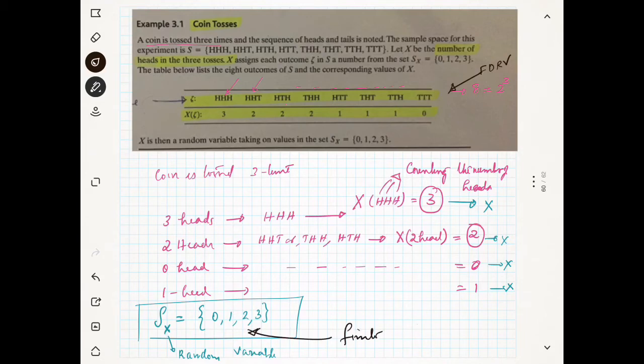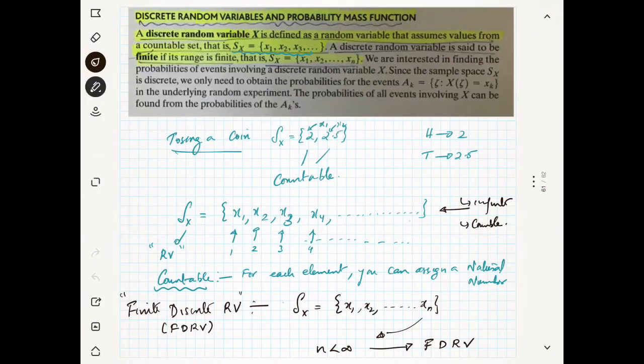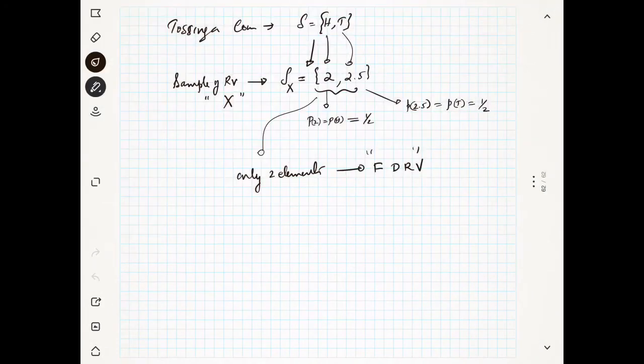The probability of 0 means no heads, and you can directly calculate it according to the Bernoulli distribution that we have already discussed before. So this is the finite discrete random variable. Now there is an important concept for the random variable that we will also discuss.